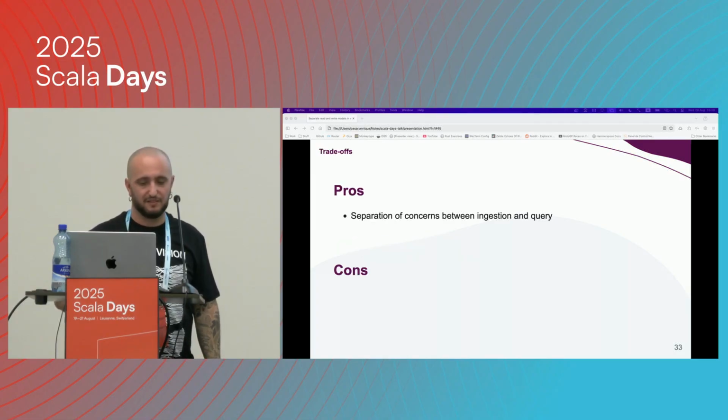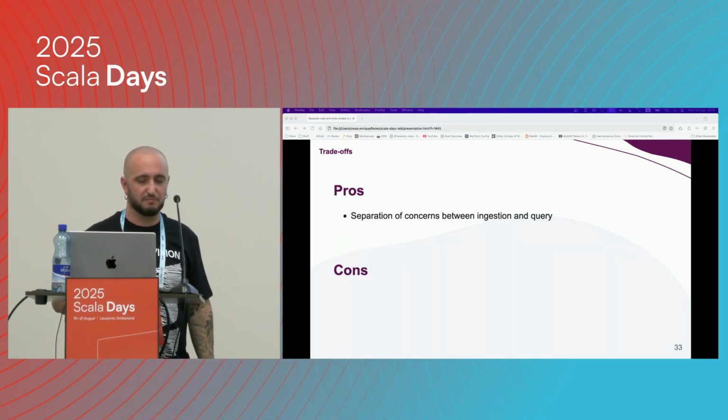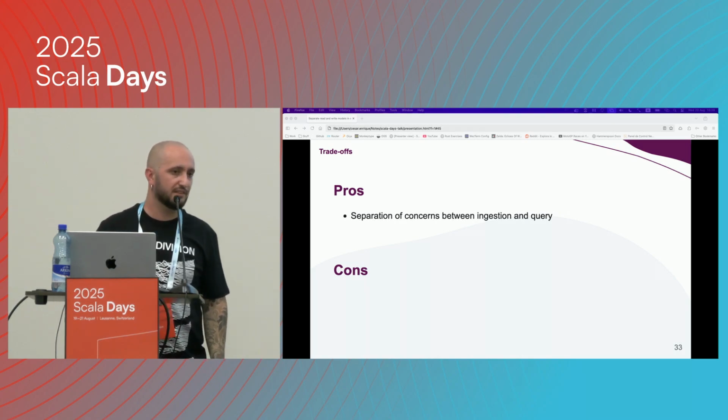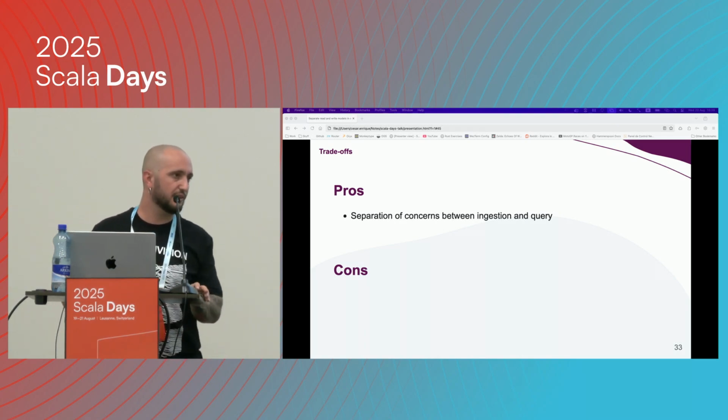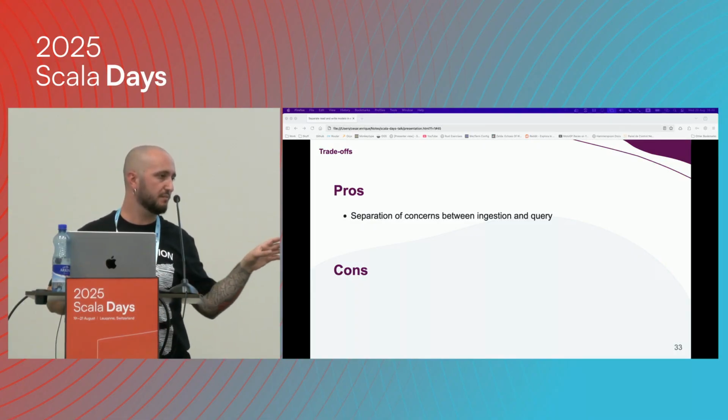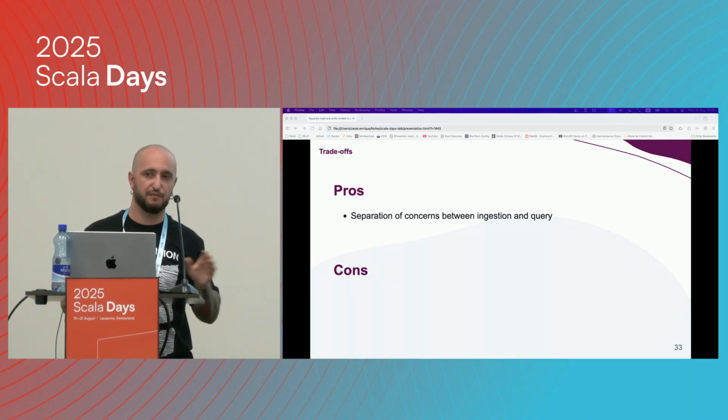So for the pros, we have this separation of concerns. We have different types, and I showed that we can think of them like a public API for our domain and a private API.